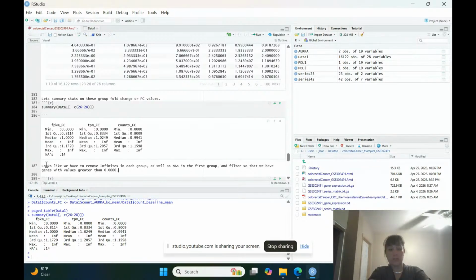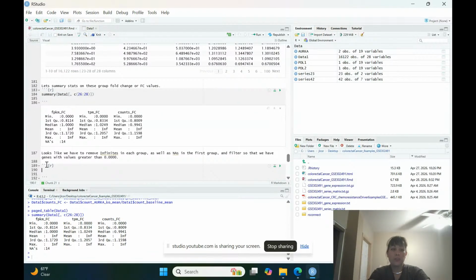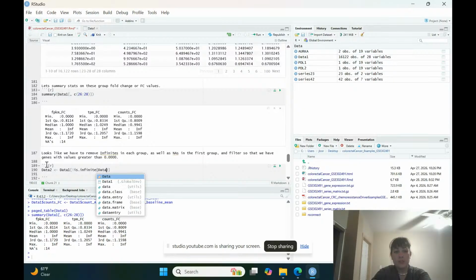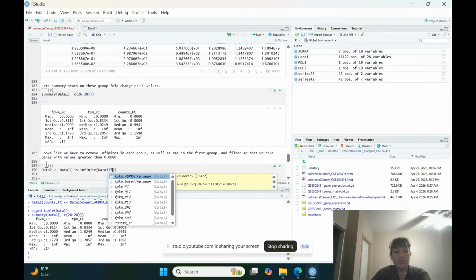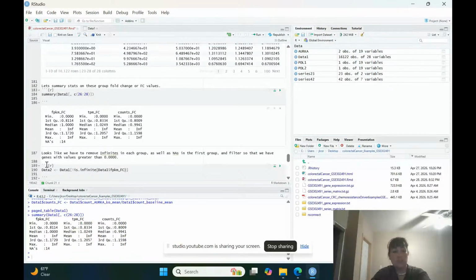All right, so for here, let's go ahead and say data 2 is data 1, but not is dot infinite data 1 by FPKM FC.